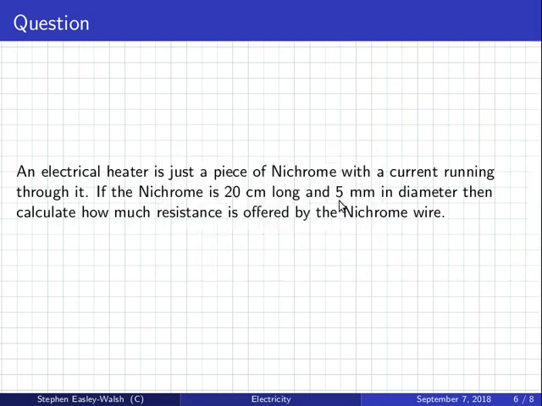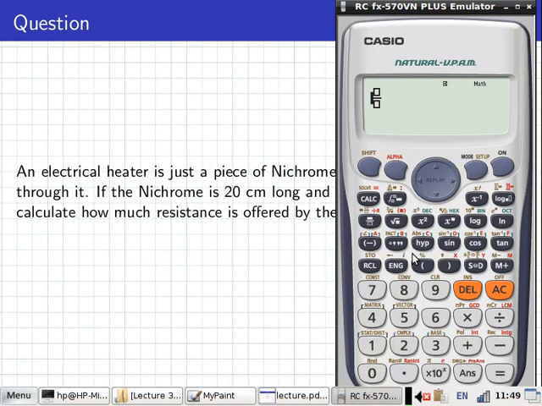Right, look. Guys, what's the rho? What's the resistivity for nichrome? 1.1 times 10 to the power minus 6 times, okay, what's the length? 0.2.